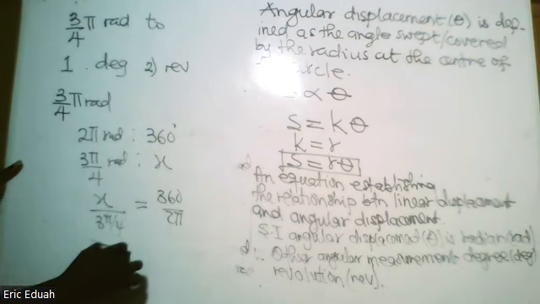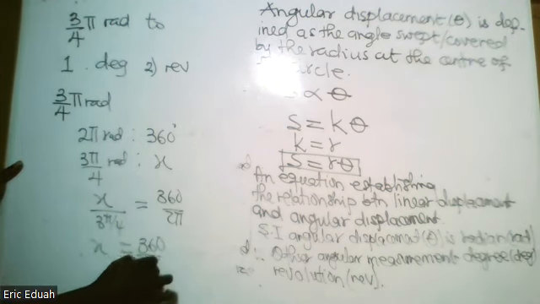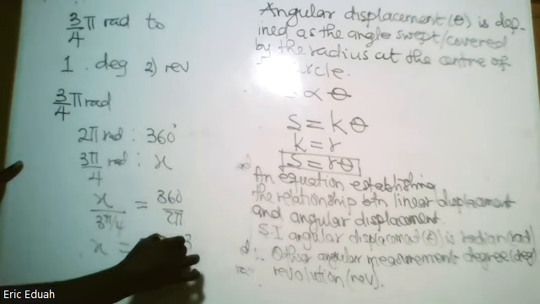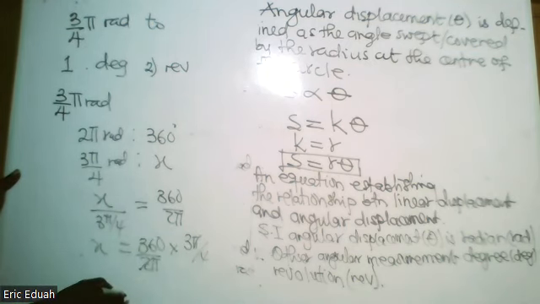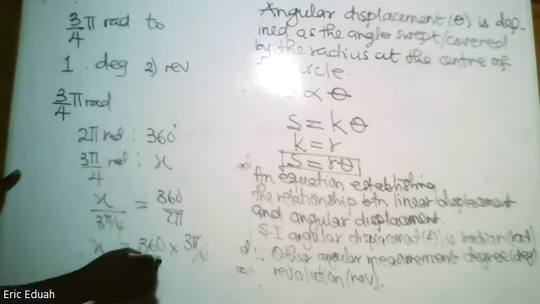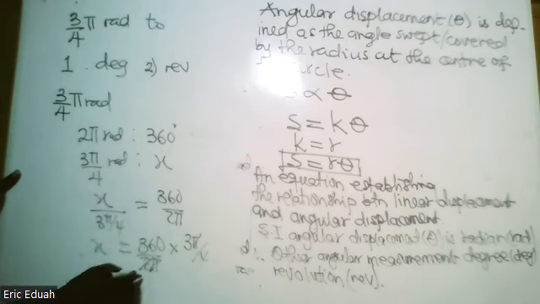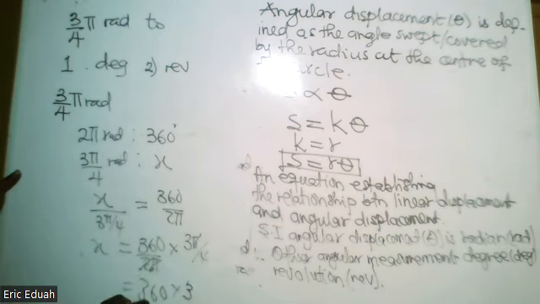Therefore, X will be equal to 360 on 2 pi times 3 pi on 4. This is up to you. So pi, and then you have 360 times 3, all divided by 6.